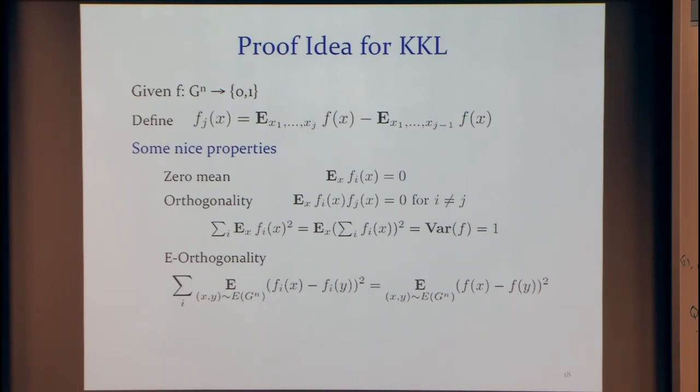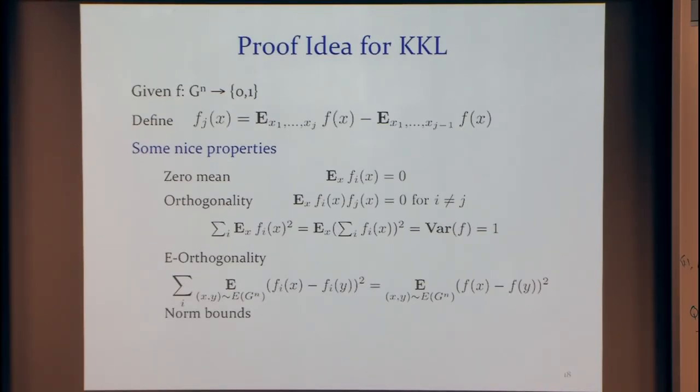Remember in the log Sobolev inequality we lower bounded the quadratic form of a function, and if we apply that to fj we get these expressions, the quadratic forms of the functions fj. If you sum up these inequalities, we get back the quadratic form we really care about, where f is our original Boolean function.